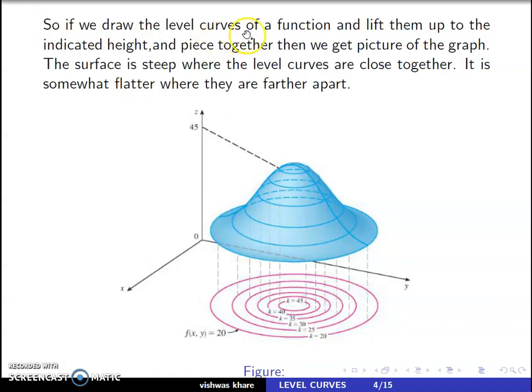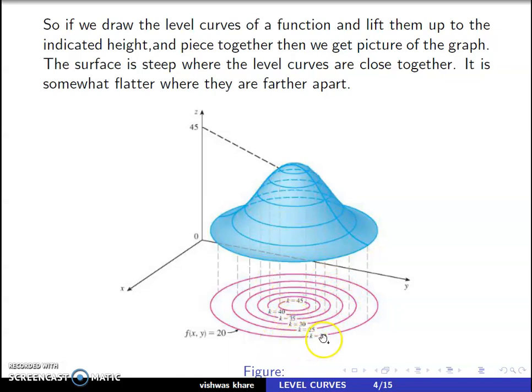So if we draw the level curves of a function and lift them up to the indicated height and piece them together, then we get a picture of the graph. The surface is steep where the level curves are close together. It is somewhat flatter where they are farther away. So you can see these are the level curves with the height indicated by k equal to different values.